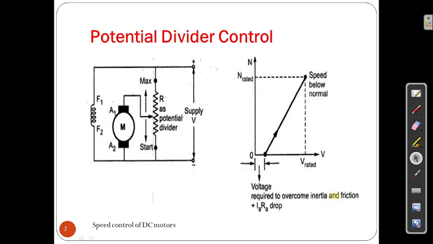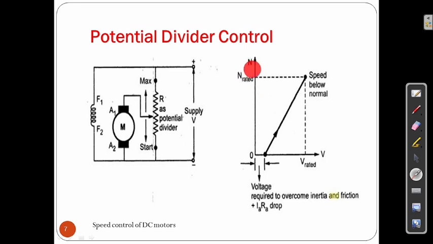If you give the power supply, the current flows from here and there. The field winding gets connected and the motor runs. According to the adjustments of this resistance, we control the speed of this motor. This is the curve for the potential divider control method.